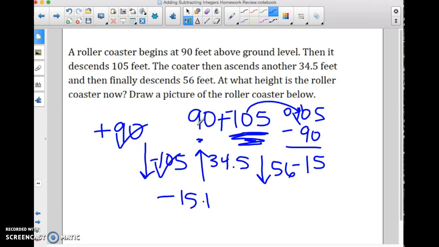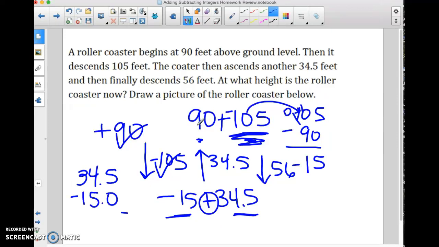Then it goes up 34.5 feet. So again, we're going to do this. That's a negative plus a positive. There's a plus sign already there, so we don't need to do keep, change, change. Same signs, keep and add. Different signs, subtract. So we're going to do 34.5 minus 15.